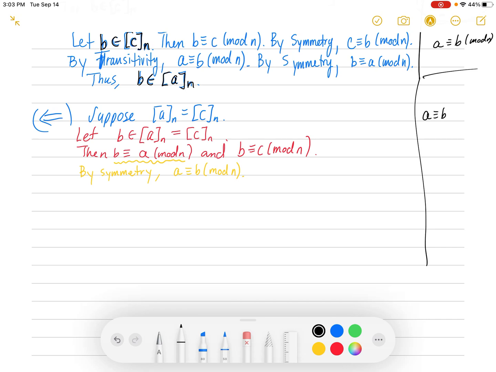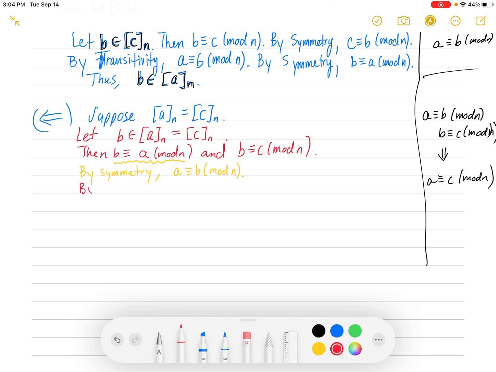I'll do a little scratch work here on the side. So what do we have? We have A is congruent to B mod n in yellow, and in red, we have B is congruent to C mod n. So putting those together, that implies A is congruent to C mod n. That's by transitivity. So there's my scratch work.